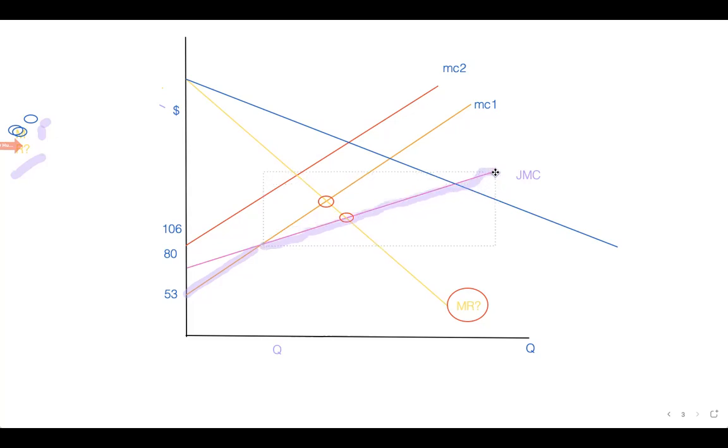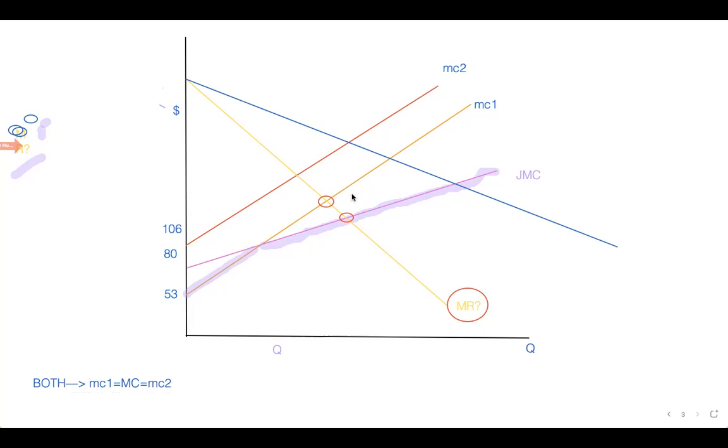So my first point that I want to make is that when they're both producing, remember, I'll put it down here in the corner in blue, both producing implies that their marginal costs are equal.